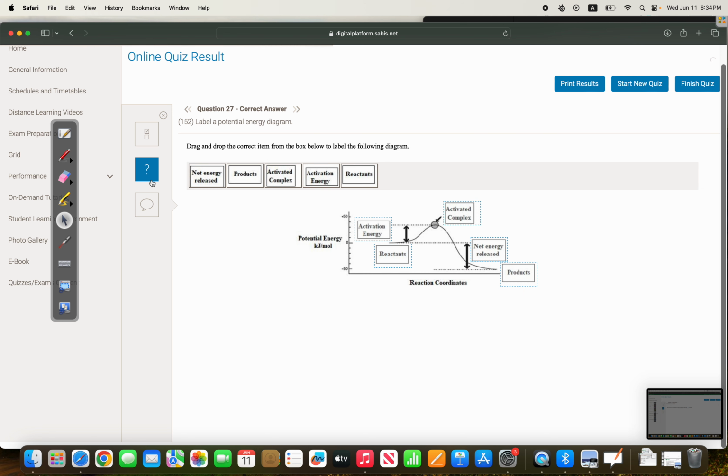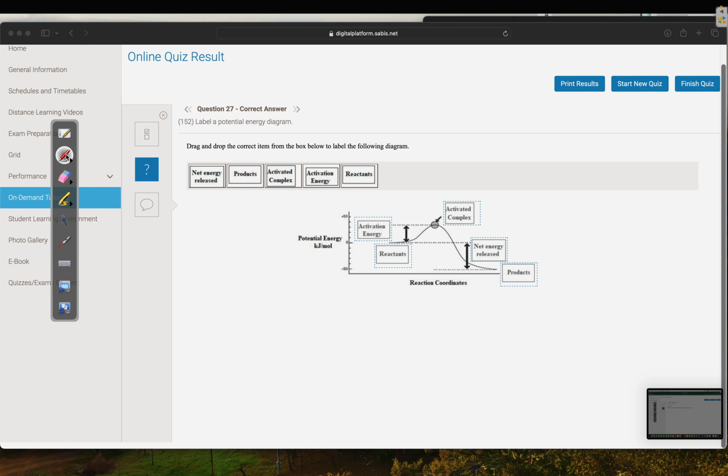Number 27. Okay, let me redraw it. Reactants, products, heat of products, heat of reactants.